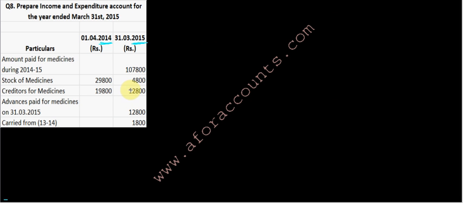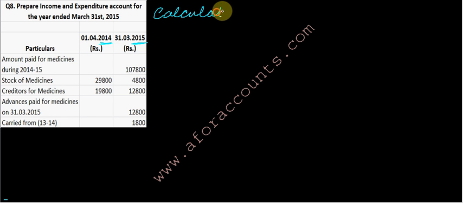Before preparing income and expenditure, I have some stock of medicines, some creditors for medicines, advance paid for medicines, but I don't have the value of medicines consumed during the year. So first of all, I will do the calculation of medicines consumed.